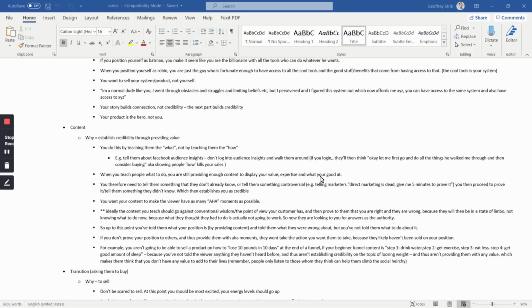When you provide these aha moments in your content, you are not only establishing yourself as a credible source, as an authority, but you're also showing that you have value to offer, and that you potentially have access to the information they are looking to gain, which will get them from where they are now to the point that they aspire to be.